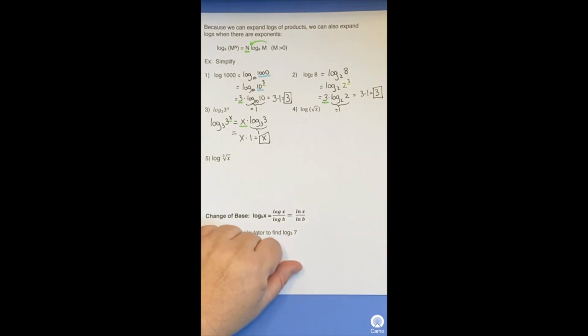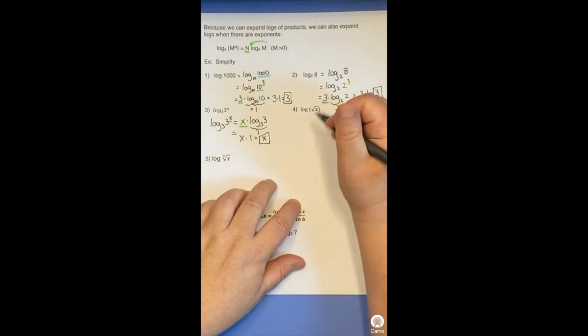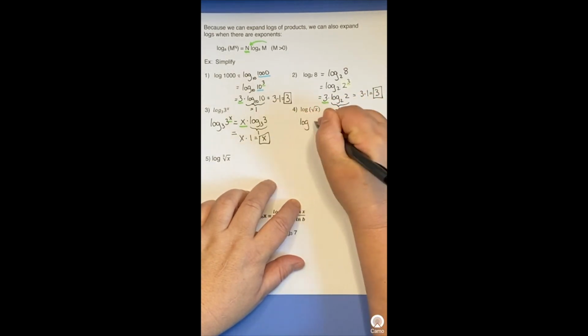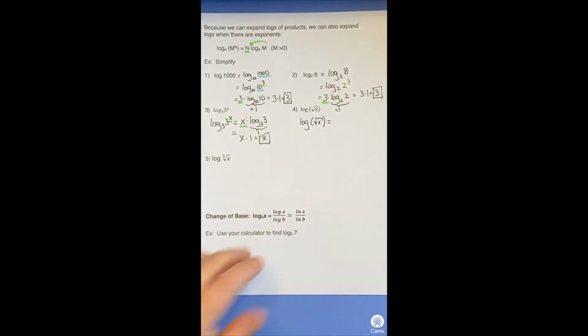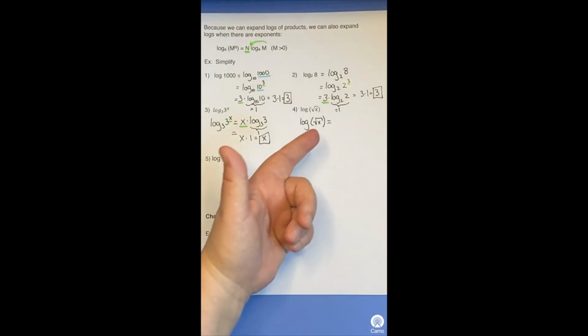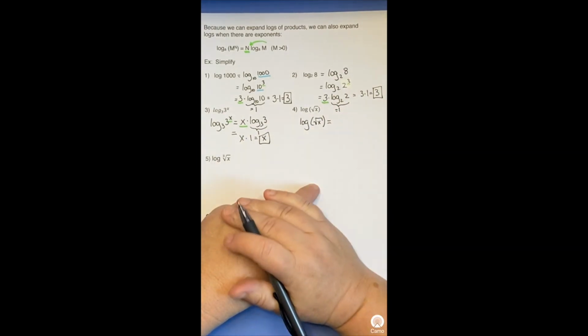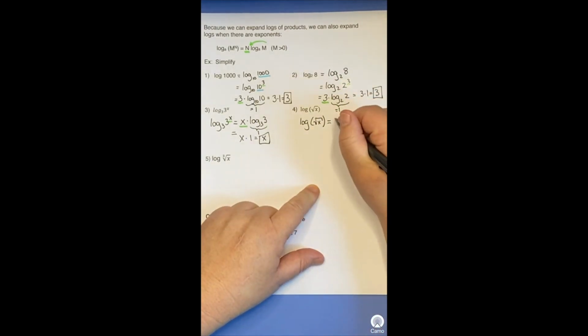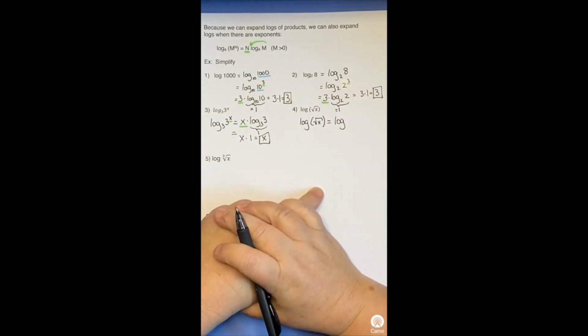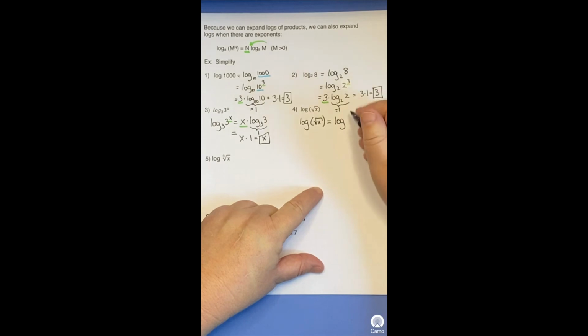Okay, y'all ready? Log of radical x. And I hear everyone saying, wait a minute, there's no exponent there. And I would say, au contraire, if I spoke French, but I don't really. Is there an exponent? There is.